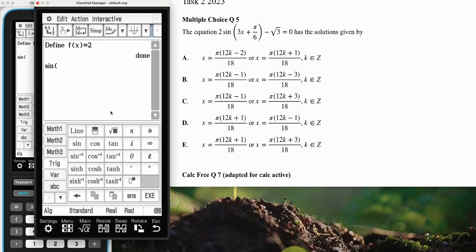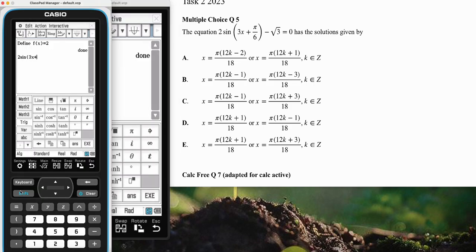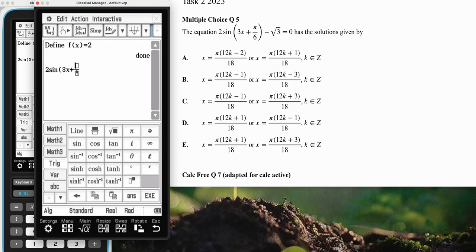I'm going to show you how simple it is to do general equations with CAS. So, shift divide for my fraction, pi over 6, pi over 6, bracket minus root 3. Oh, what have I done? I haven't defined it.